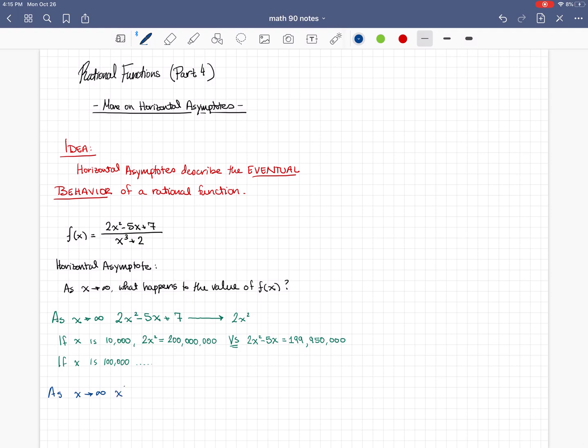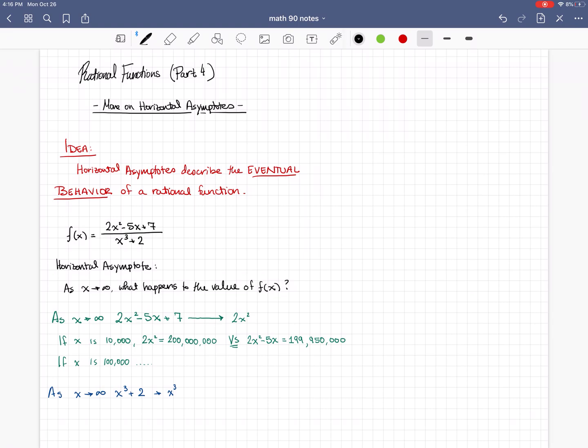Let's look at the denominator. As x gets bigger and bigger and bigger, that plus 2 fades into irrelevance very, very quickly. So as x grows beyond all bound, x cubed plus 2 just fades down to x cubed. So let's look at both of them together.